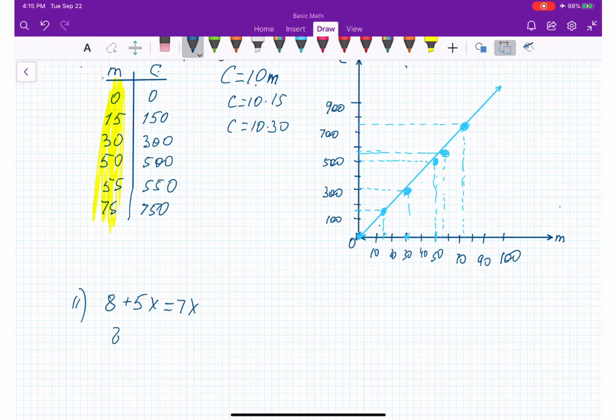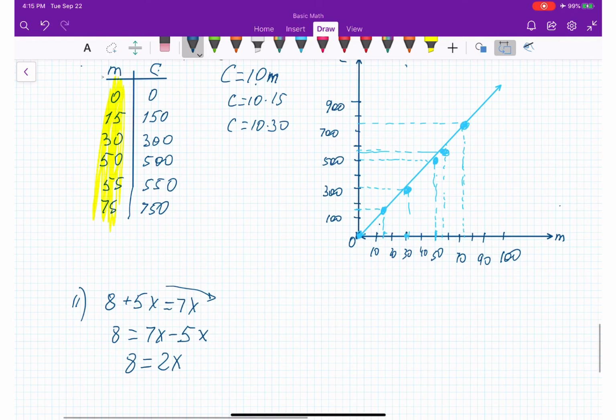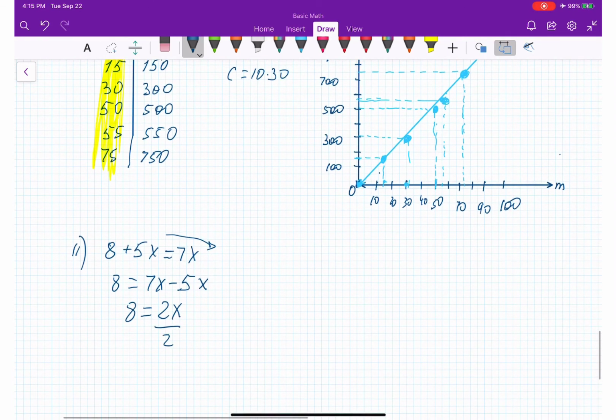Okay, what do we have? 8 is equal, 5x moving here, was plus, will become minus. 7x minus 5x, 8 is equal 2x. We divide by 2, and this is going to be 4, so x is equal 4.